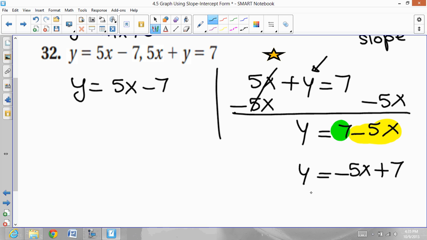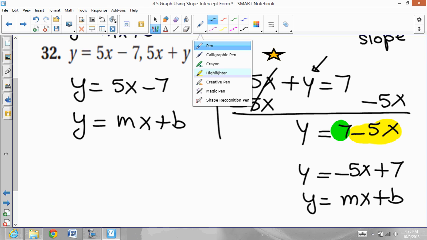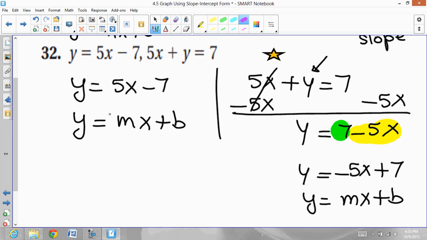So now you have y is equal to mx plus b. And for the first equation, I'm going to write the same thing: y is equal to mx plus b. Now remember, if this equation is parallel to this equation, then the slope must be the same. If I go in with the purple for the first equation, the slope is this.